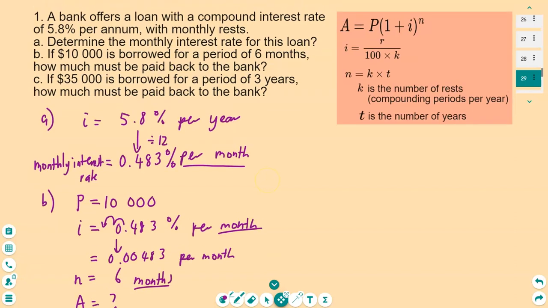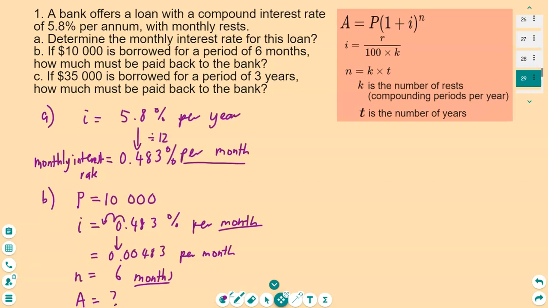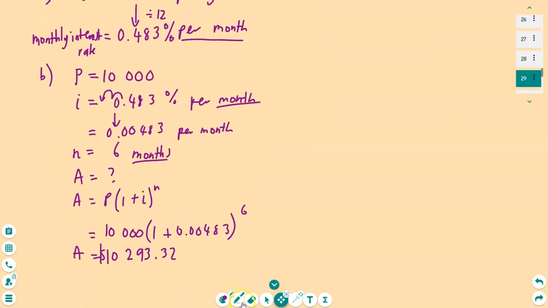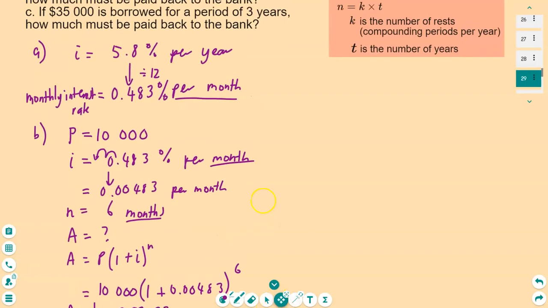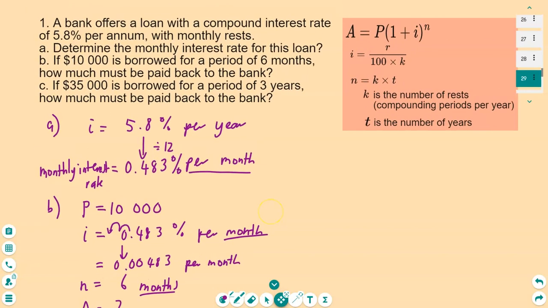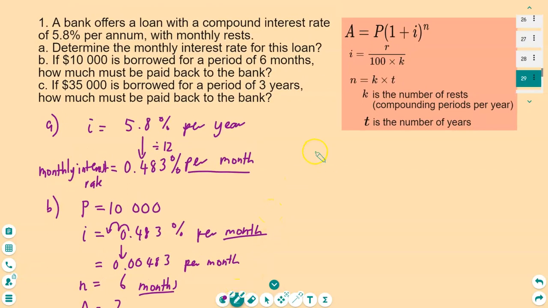So if $10,000 is borrowed, after a period of 6 months, they're going to have a little bit of interest to pay. $293 interest. Now, let's do C over here. If $35,000 is borrowed, okay, the principal's changed, for a period of 3 years. Again, we're using that interest rate per month.